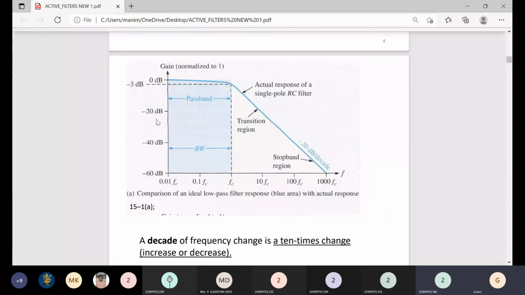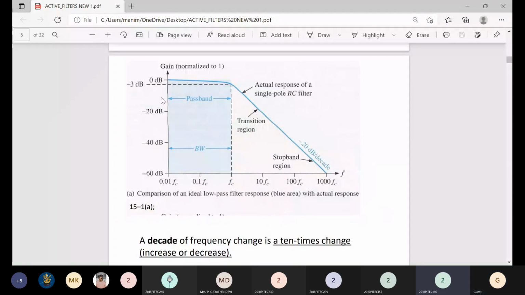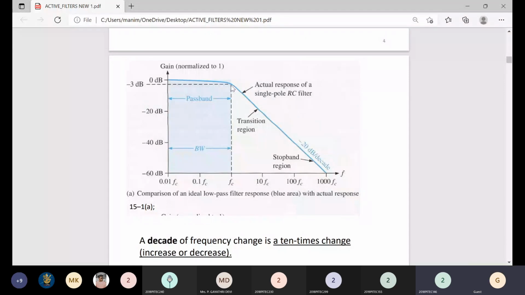Here the x-axis is the frequency and the y-axis is the voltage gain. From 0 to the cutoff frequency, the gain is maximum.